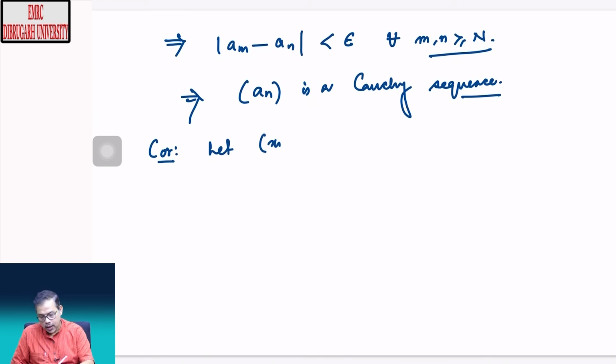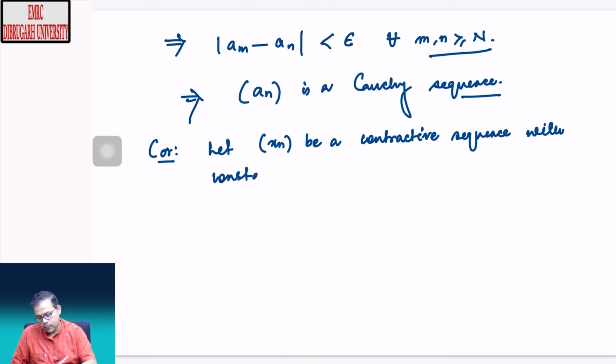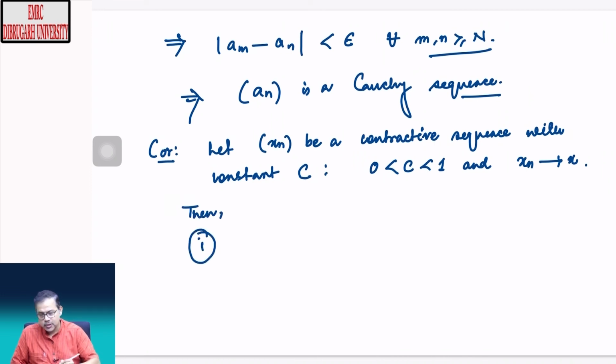Let x_n be a contractive sequence with constant C such that C is lying between 0 and 1, and x_n suppose converges to x, then the first assertion is |x - x_n| is always less than or equal to C^{n-1}/(1 - C) |x_2 - x_1|.